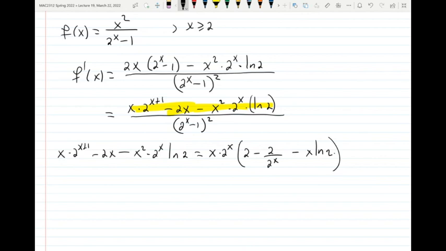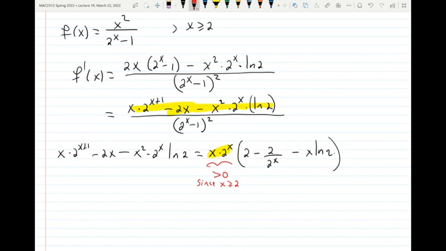Okay, so x is greater than or equal to 2. That means this term right here is positive, greater than 0, since x is greater than or equal to 2. Remember, exponential is always positive, so 2 to the x is always positive. And this factor here could be negative if x is negative, but x is positive, x is greater than 2.